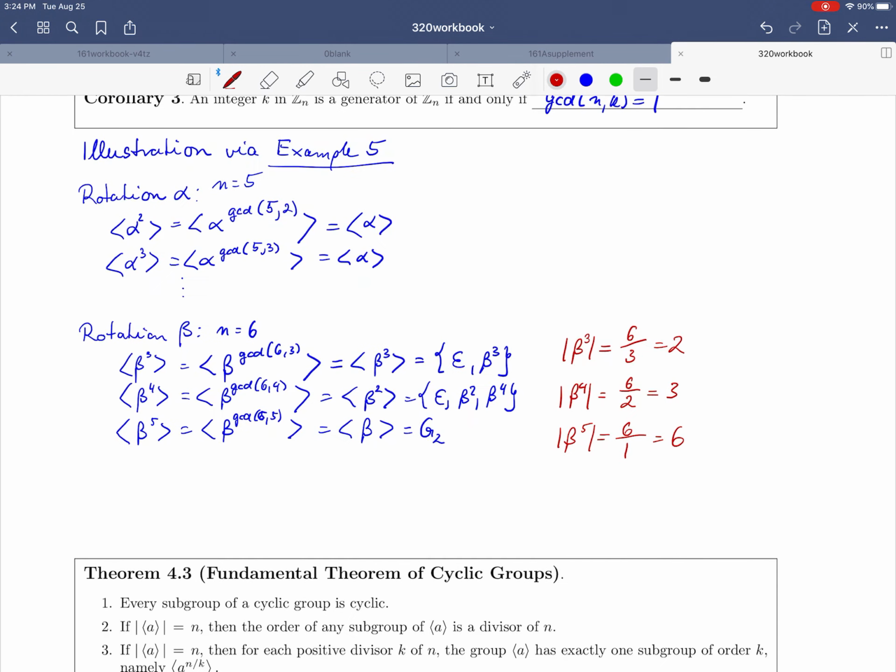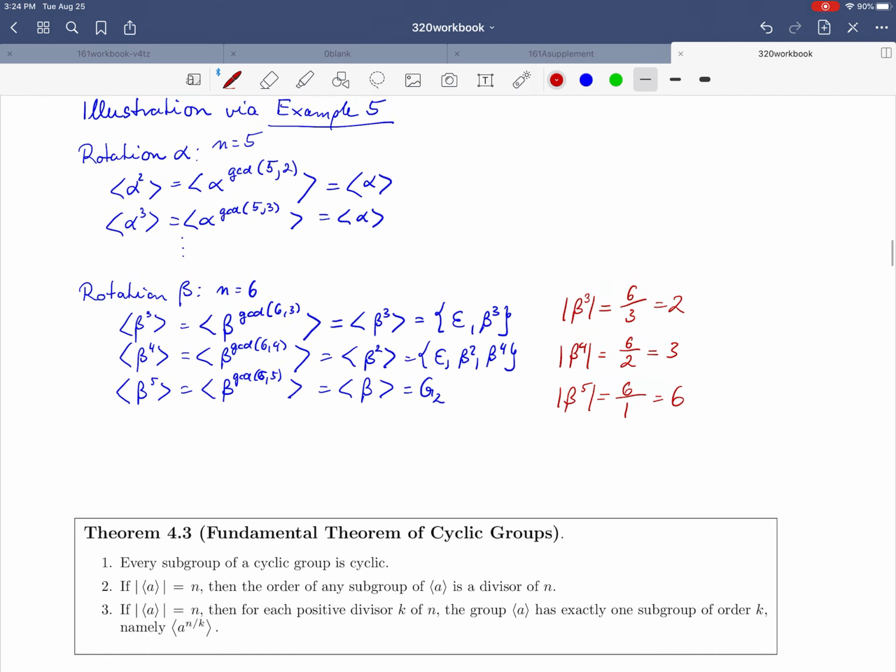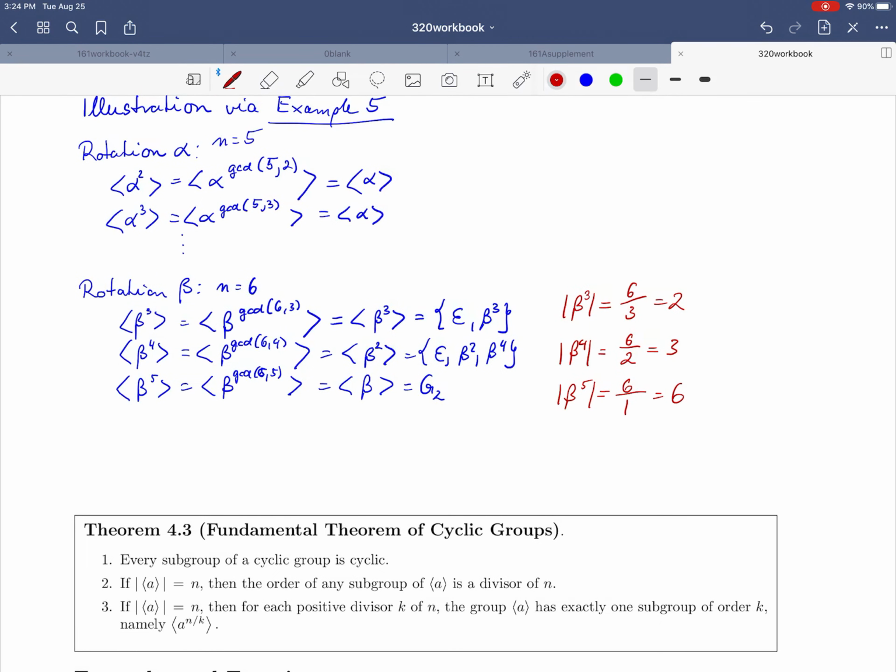What I want to finish with is the fundamental theorem of cyclic groups, which tells us a little bit more about cyclic groups and also generalizes some of the things that we observed in the previous few examples. The first thing is that when you're looking at a subgroup of a cyclic group, it's cyclic again. So every subgroup of a cyclic group is cyclic.